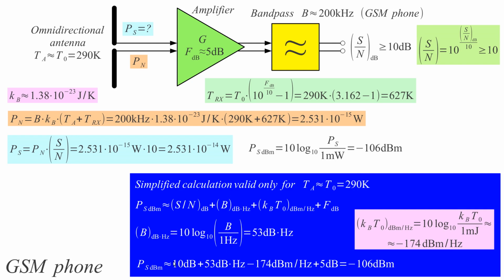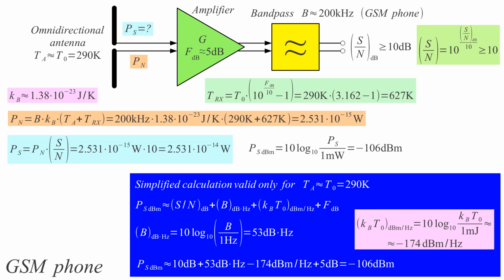Now we make our calculation: 10 dB of signal-to-noise ratio, 53 dB hertz of bandwidth, minus 174 dBm per hertz of noise spectral density, and 5 dB of noise figure, and we get the correct sensitivity of our receiver. The minimum input signal to our receiver is minus 106 dBm. Here we simply added the noise figure, and we got everything correct.